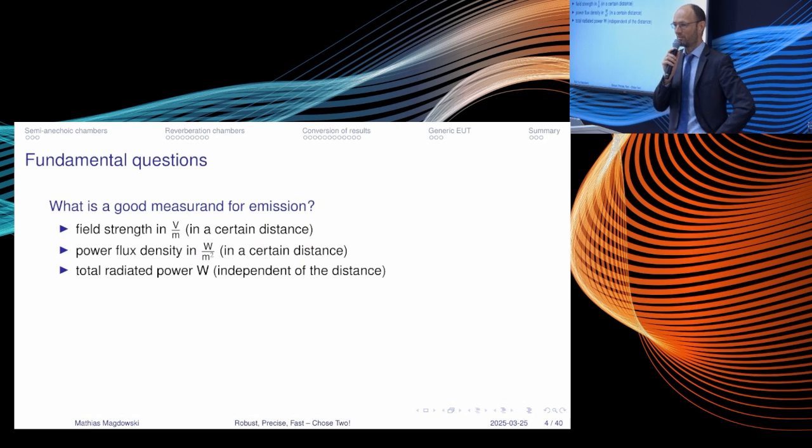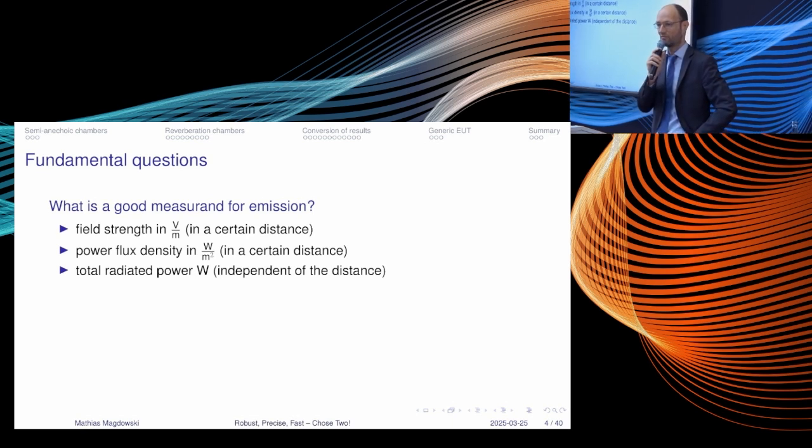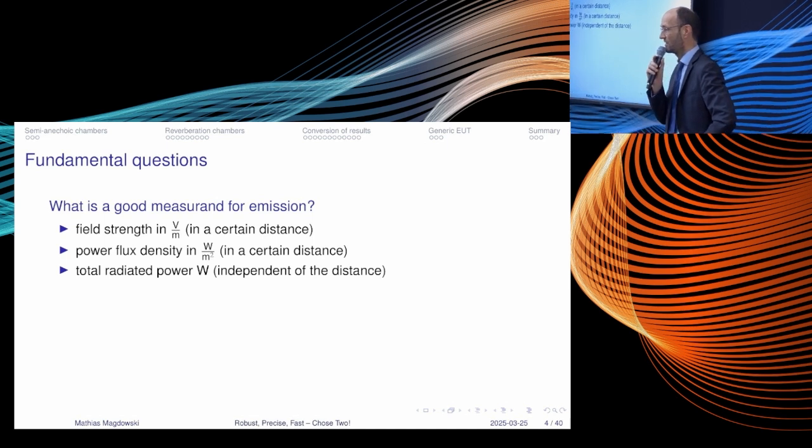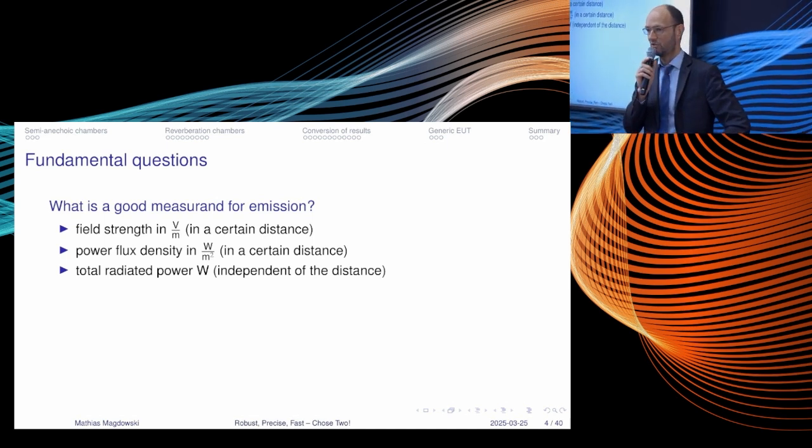A very fundamental question related to electromagnetic compatibility and radiated emission measurements is, what is a good measurement for this? Is it field strength at a certain distance, as we have done for years and decades? Or is it, for example, power flux density, as it's done in communication and IT, cell phones and so on?